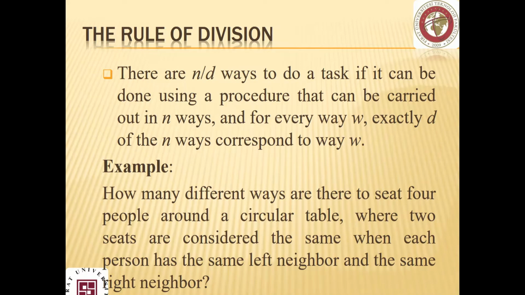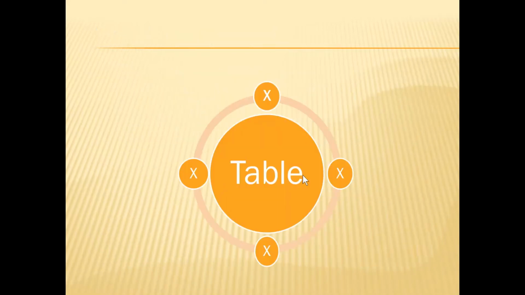Now look at this. How many different ways are there to seat 4 people around a circular table where 2 seats are considered the same? Now think about the condition: each person has the same left neighbor and the same right neighbor. Let's realize it in graphical representation.